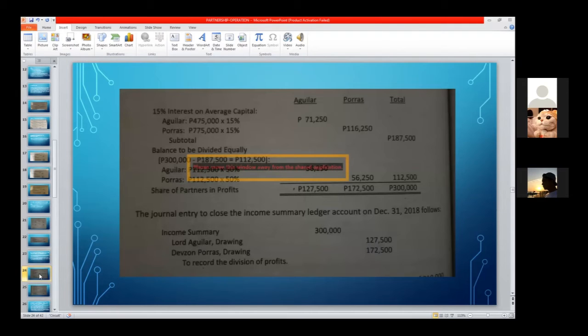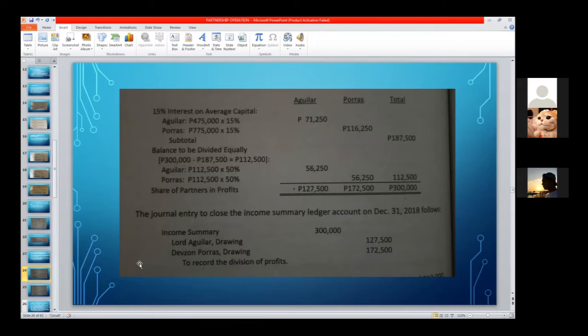So continuing the illustration of Aguilar and Porras partnership with a profit of 300,000 for 2018 and capital balances as already shown. Assume that the partnership agreement allowed 15% interest. Close lang natin yung mga maharang dito. Okay. So, 15% interest daw sa average capital account balances.